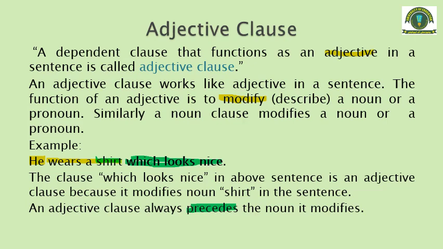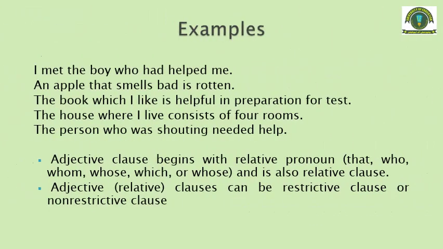Got it? Yes. So let us talk about examples of adjective clause. We have sentences over here, and we're not going into detail about independent and dependent clauses. We are only going to find out the adjective clause. So let's read the first sentence.